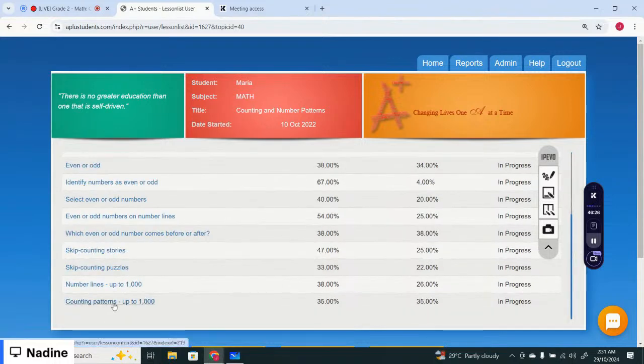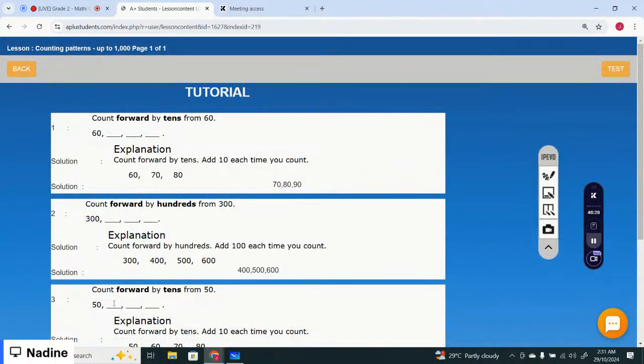That is counting patterns up to 1000. Count forward by tens from 60.